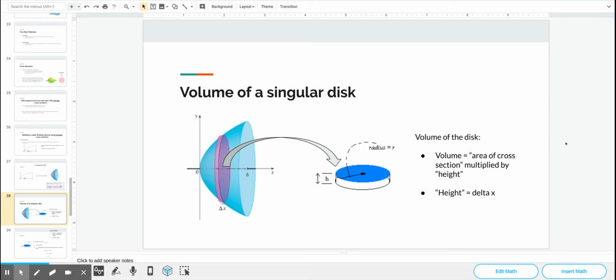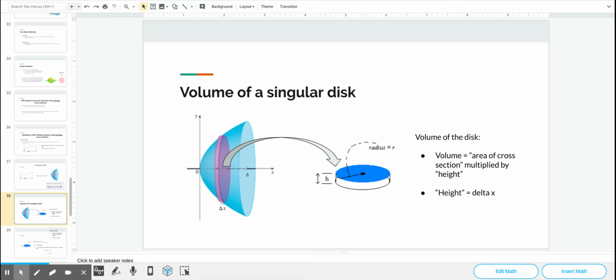Eventually, maybe I want that delta x to be a little bit smaller, and then a little bit smaller, and a little bit smaller. It gets to a point where it's so small that it's almost just a two-dimensional circle. It's got this infinitesimally small depth to it.